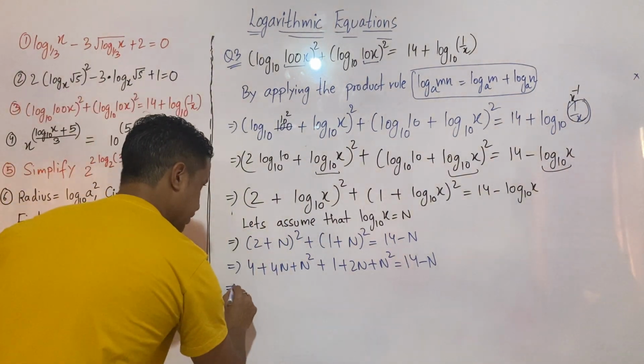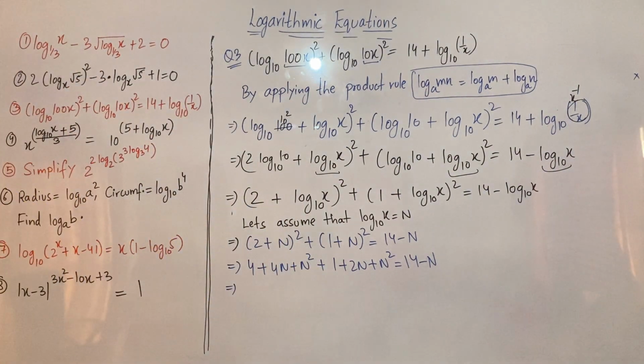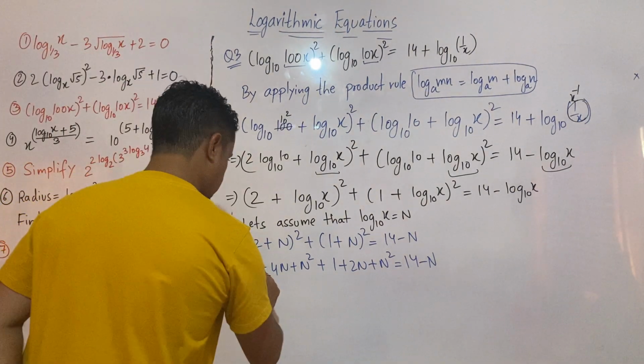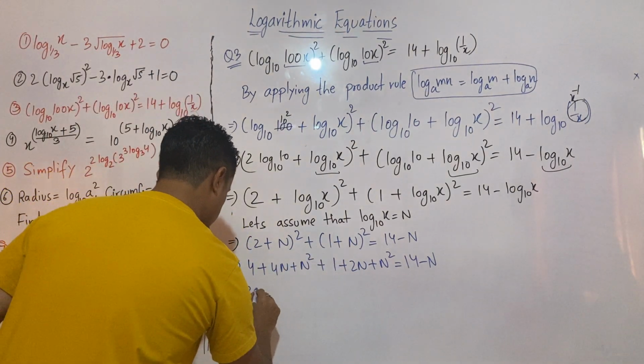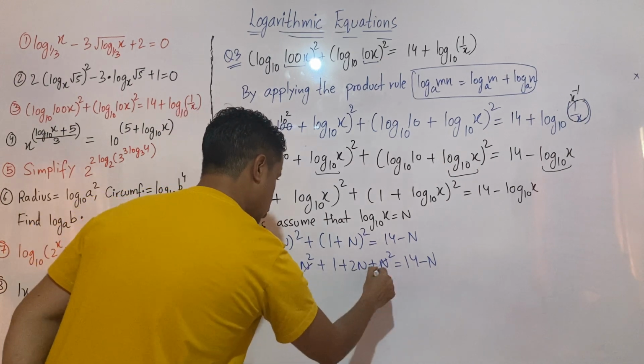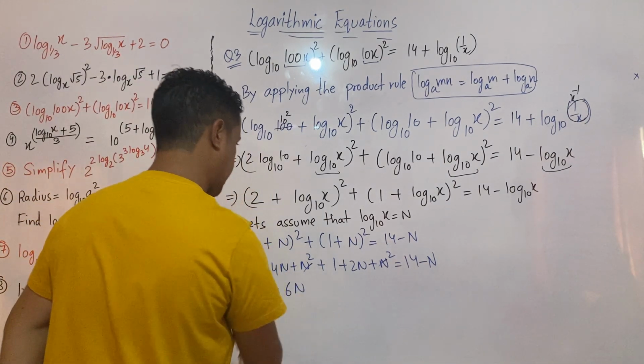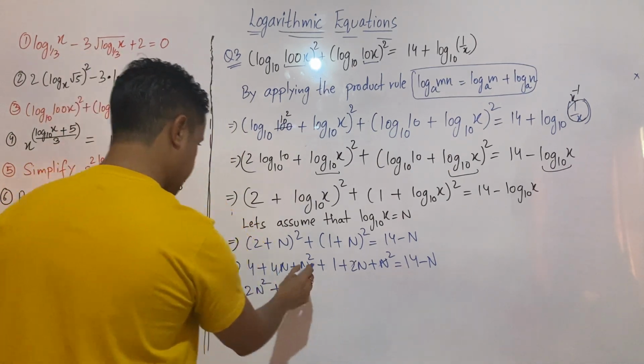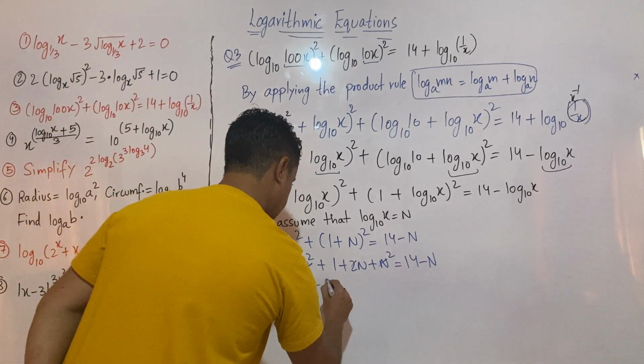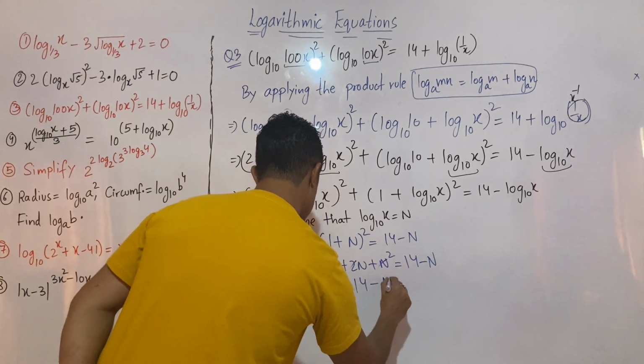So from here it's going to be 2n square plus 6n plus 5 is equal to 14 minus n.